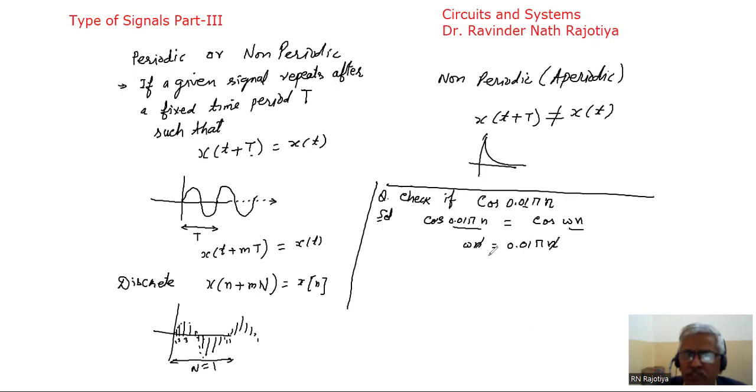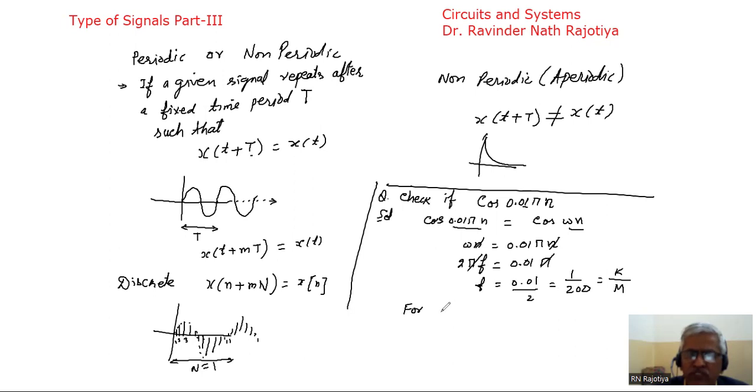n gets cancelled. So omega, which is 2 pi f, is equal to 0.01 pi. Pi gets cancelled, so f is equal to 0.01 divided by 2, which is 1 by 200. This is of the form k by m.